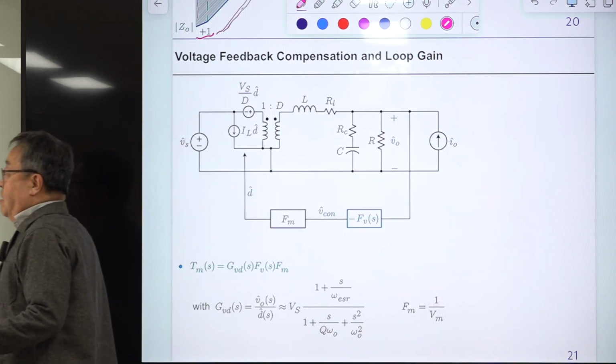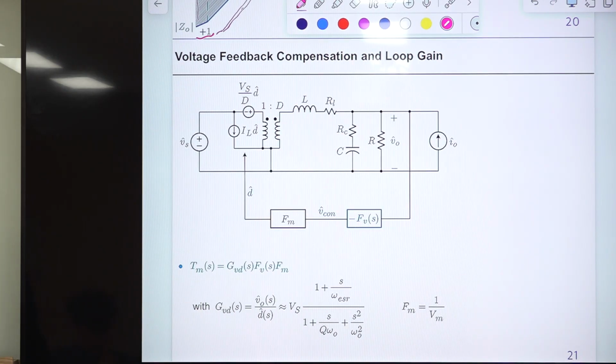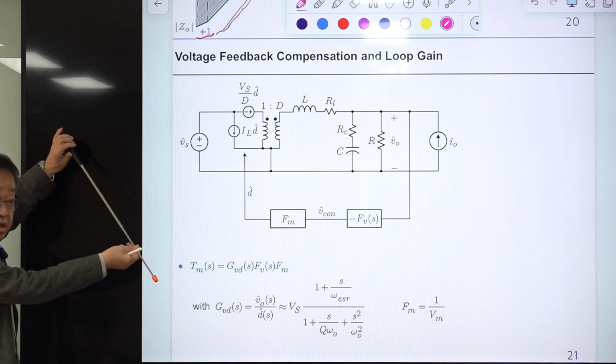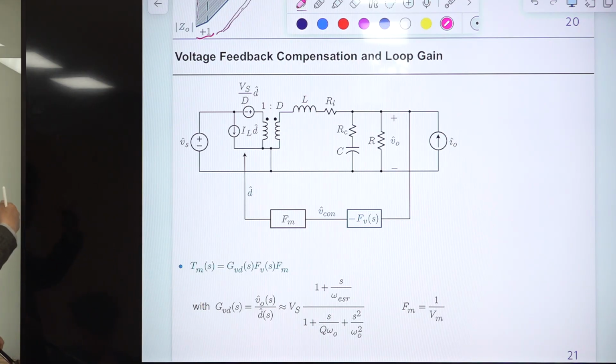The ideal characteristic is a simple integrator actually. You have seen in the previous slide, but that is absolutely impossible. Then you should design this.